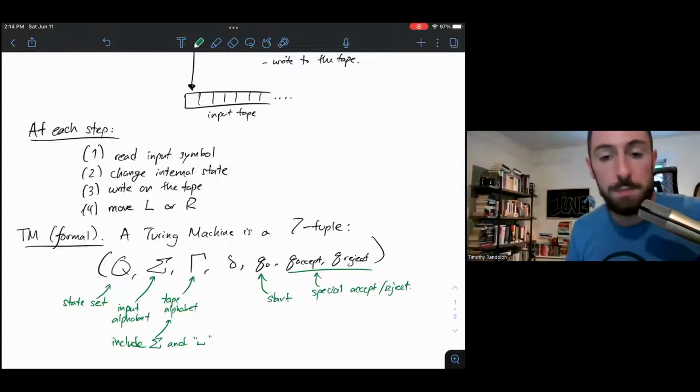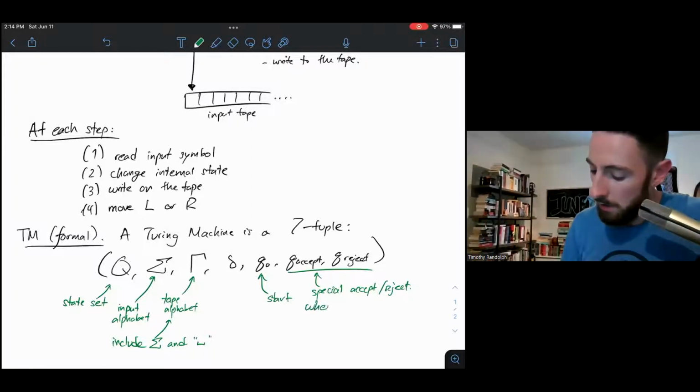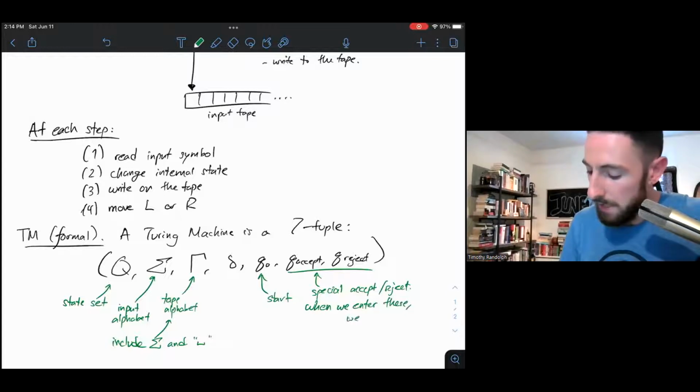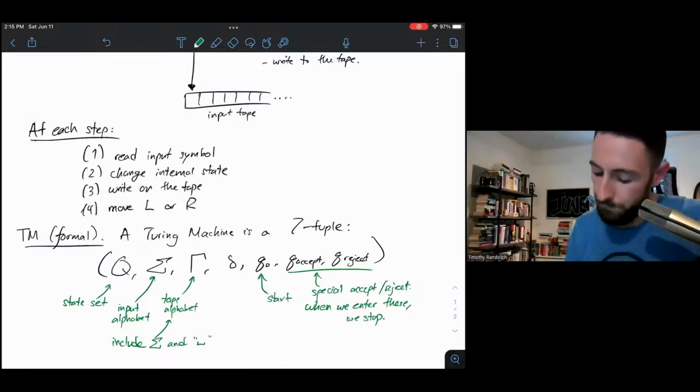Instead, we'll use these special accept and reject states. When we enter these, we stop immediately. So if our Turing machine enters the accept state, it accepts and all computation halts. Same with the reject state.